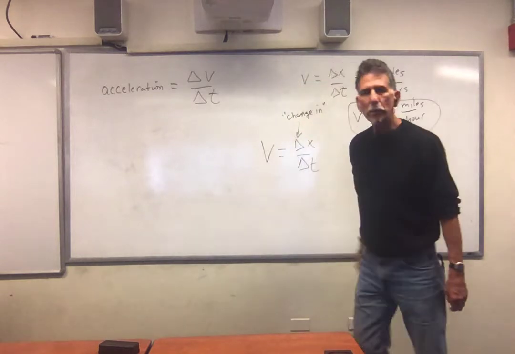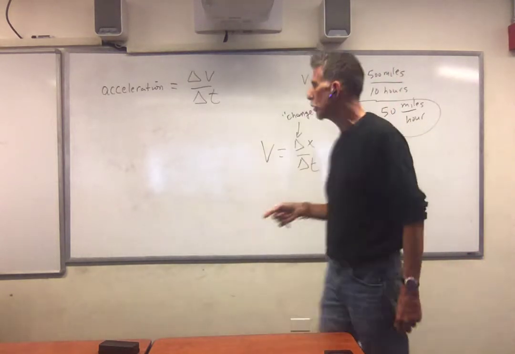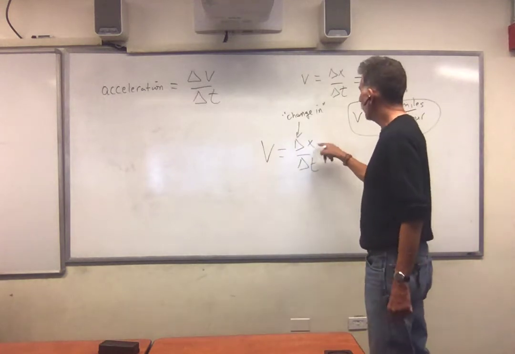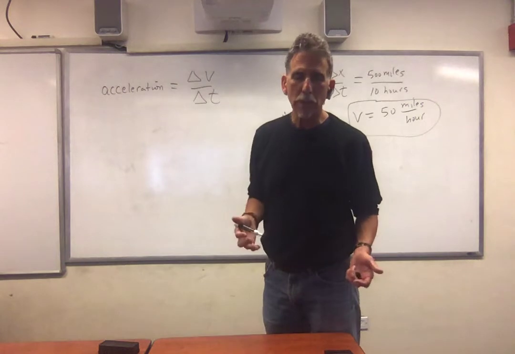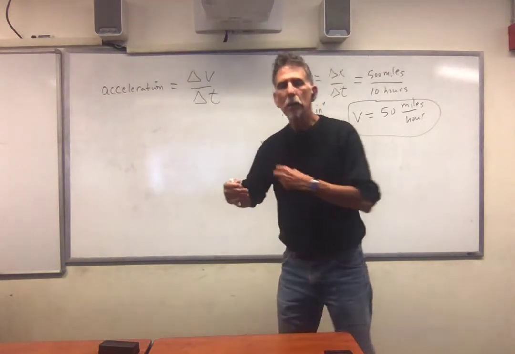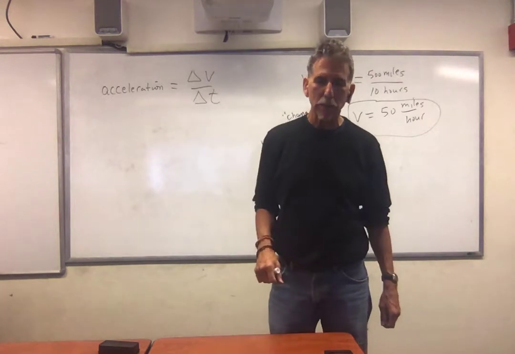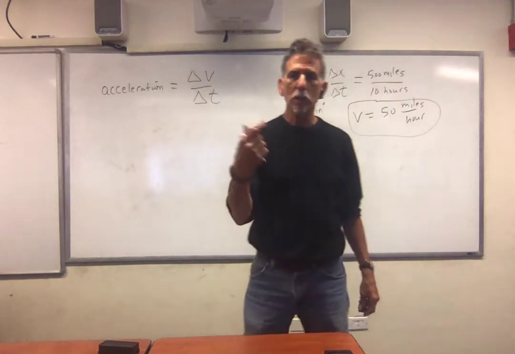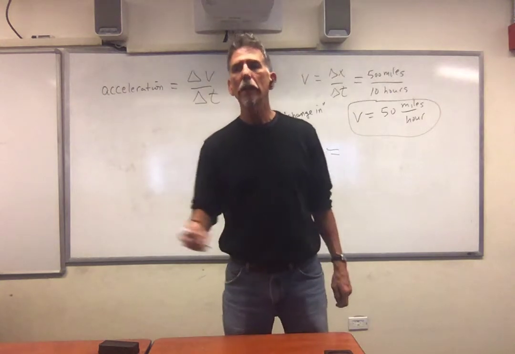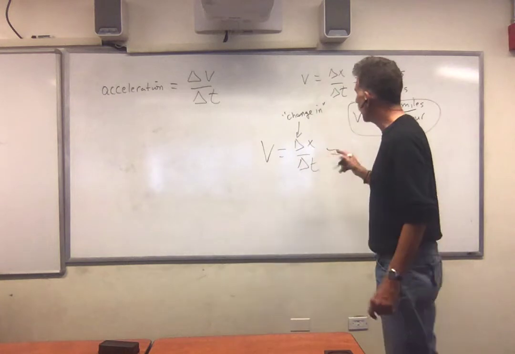What are the units of delta? There's no units. Change in is a word. There's no units. So let's look at x. What does x represent? x represents displacement or distance. Now in the United States or Brooklyn or even sometimes Staten Island, we measure displacement in things like inches, miles, feet, right? But in the metric system, what we're going to use for displacement is going to be meters.